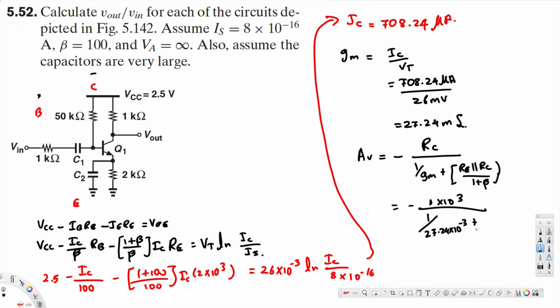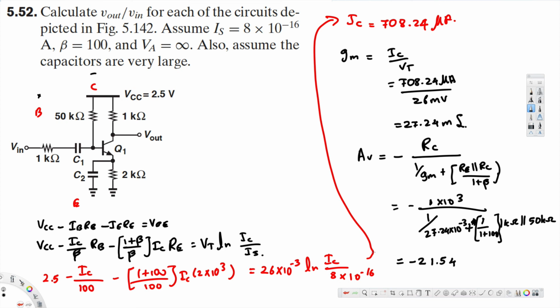RE parallel RC is going to be 1 kilo ohm parallel with 50 kilo ohm, and then 1 over 1 plus beta, that's 1 over 1 plus 100. We multiply the whole thing by this, and if you calculate this voltage gain, that will give you negative 21.54, and that's our AV, that's our final answer.